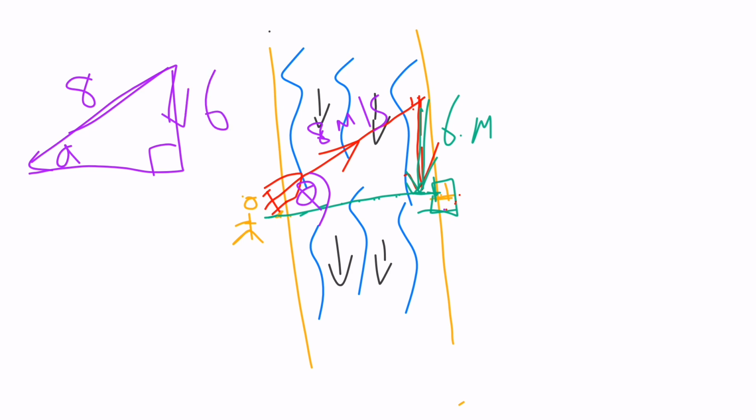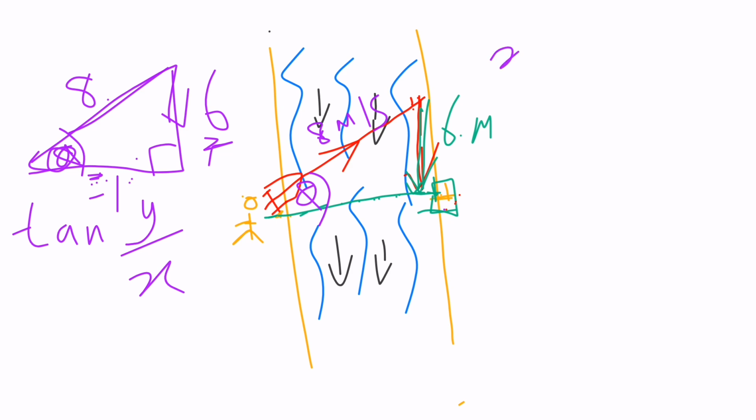They want you to find theta, and I explained that the formula to find theta is tan inverse of y over x. Do we know y? Yes, it is 6. Do we know x? We don't know x. So your goal here is to calculate x, using the Pythagorean theorem.